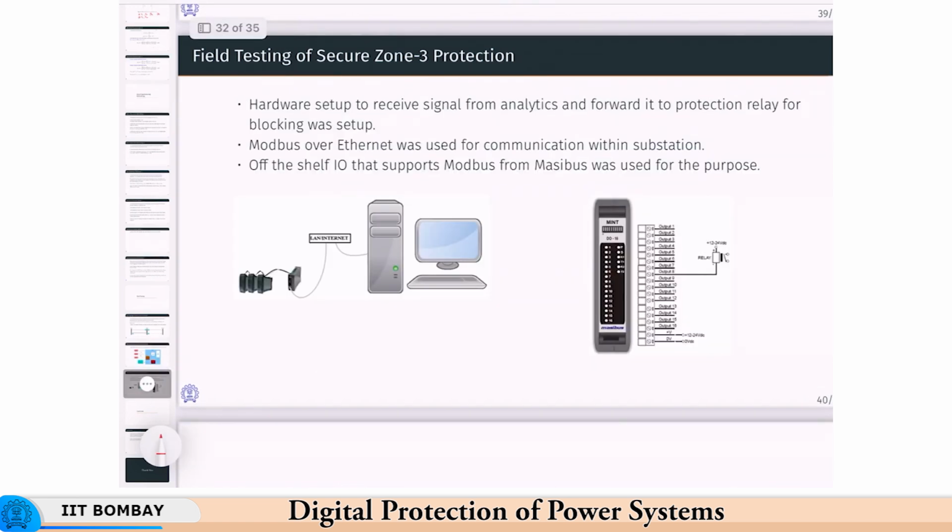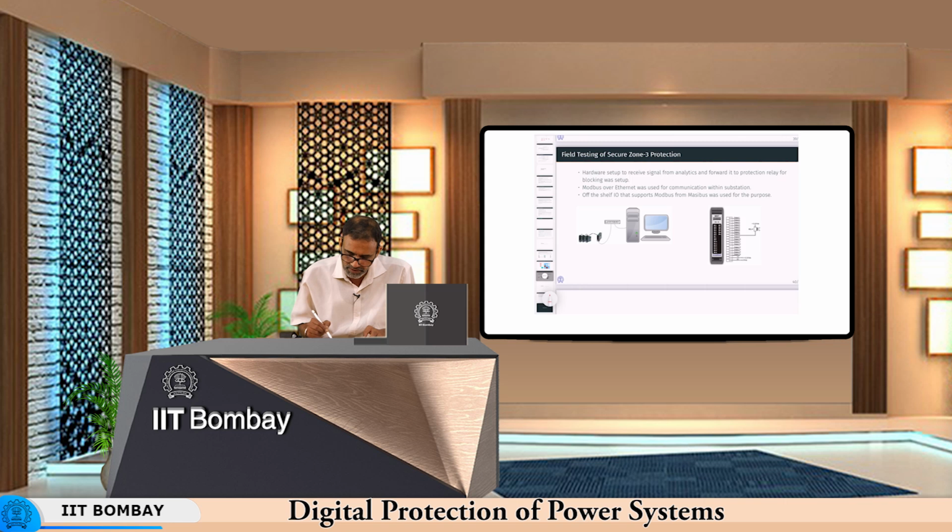From the substation host computer, this was the hardware that was used for Modbus communication with the relay. Because the relay will not talk on TCP/IP, it needs protocol conversion to Modbus. Then we use this hardware, and then the decision was conveyed to the relay.